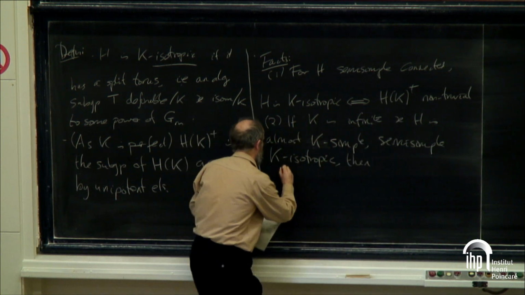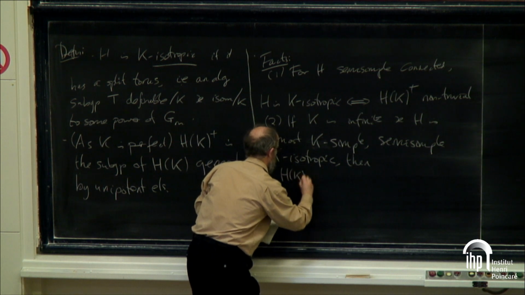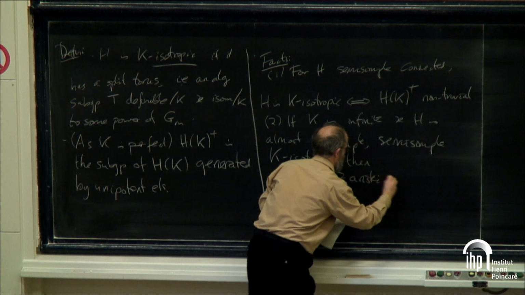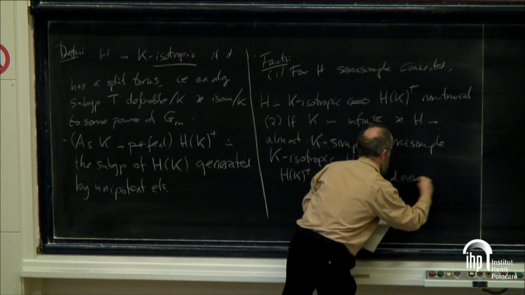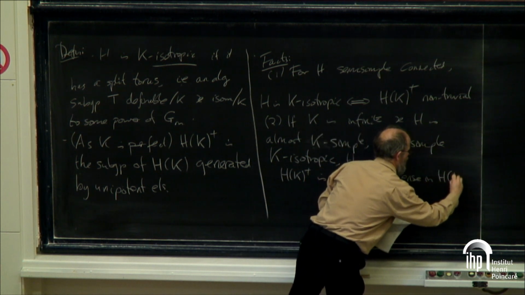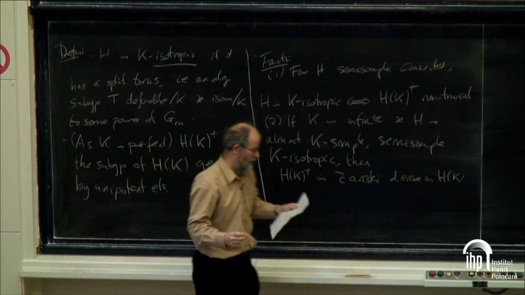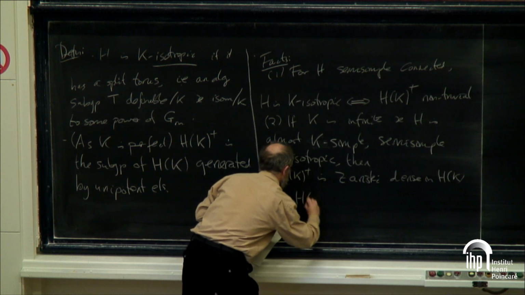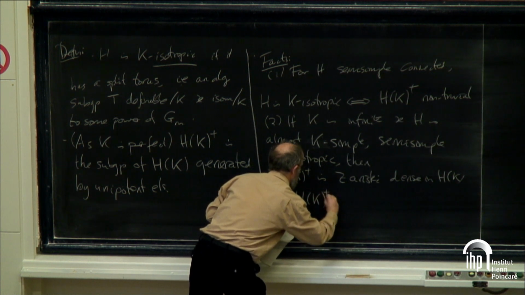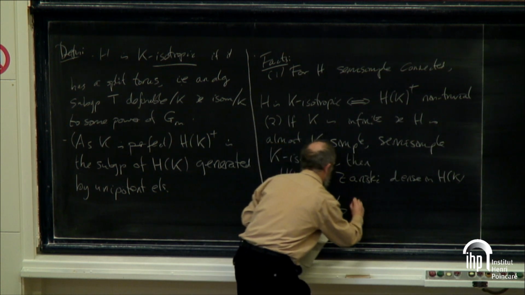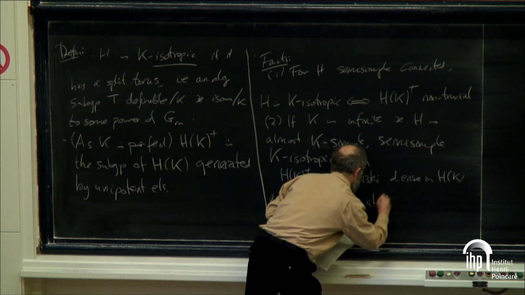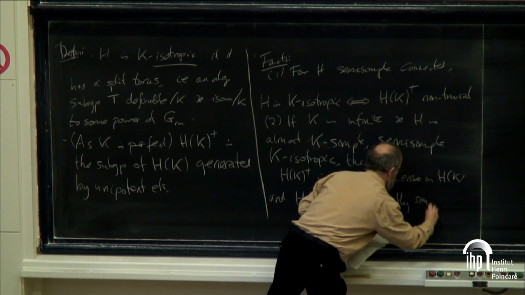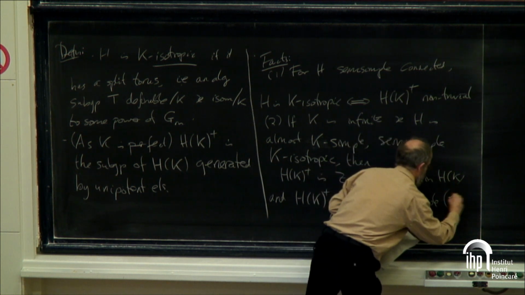H of K plus is Zariski dense in H of K, and modulo its center, it's abstractly simple. This is work of the 60s by Tits.